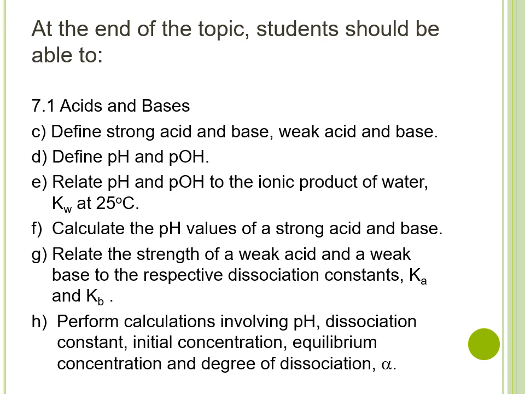And then we need to relate the strength of a weak acid and a weak base to the respective dissociation constant Ka and Kb. Later, we have to perform calculations using pH, dissociation constant, initial concentration, equilibrium concentration, and degree of dissociation.